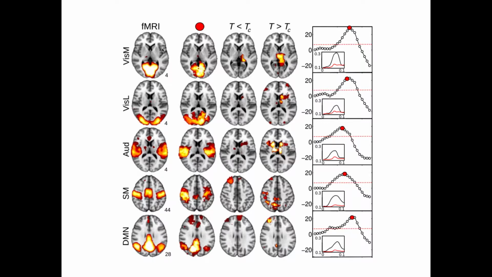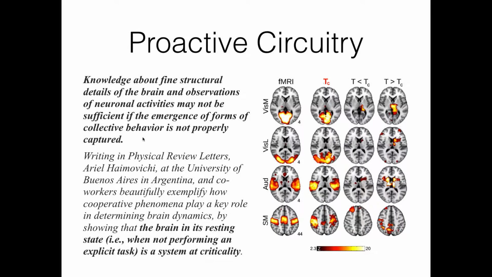Do you remember what criticality was in the Ising model? It was the place where you go from order to disorder. So right there, the model images look very similar to fMRI images, but below and above criticality, they don't look like that.